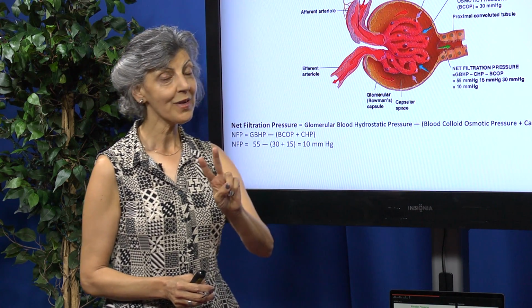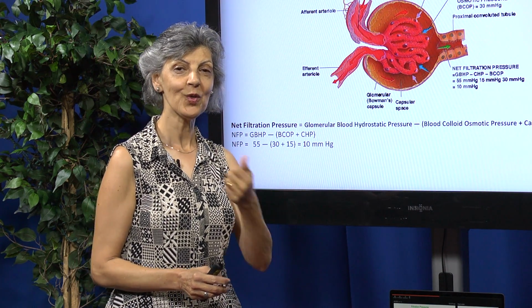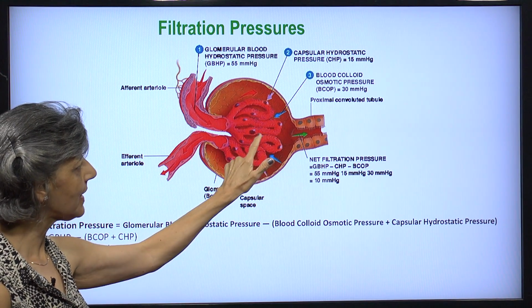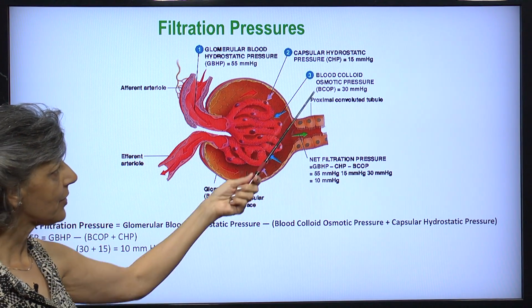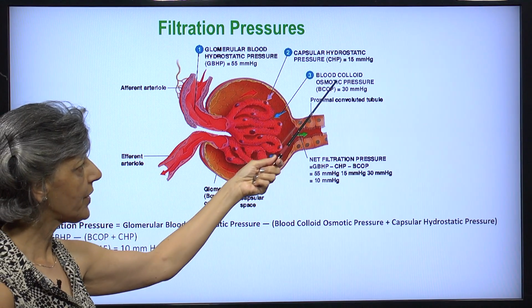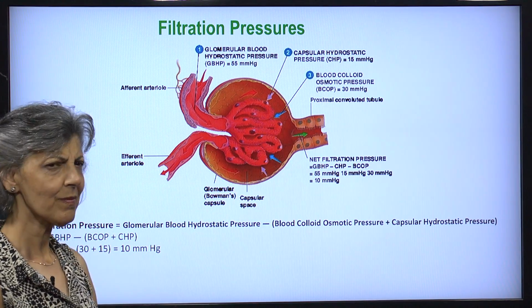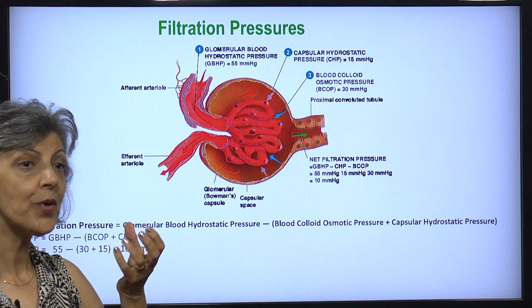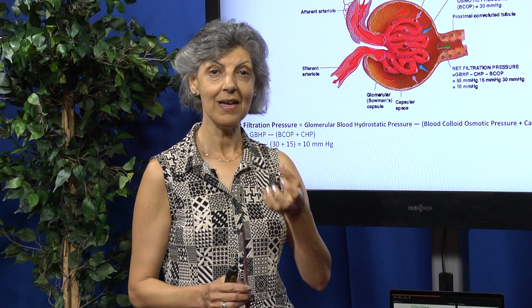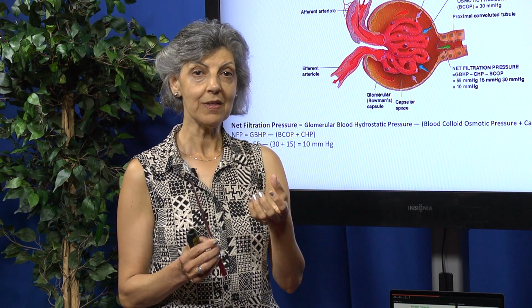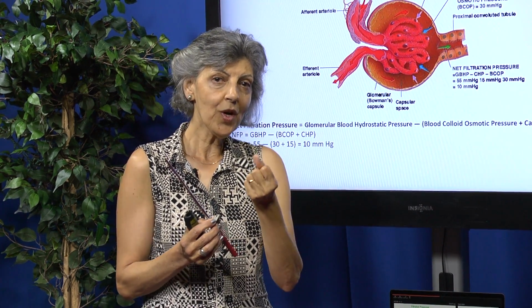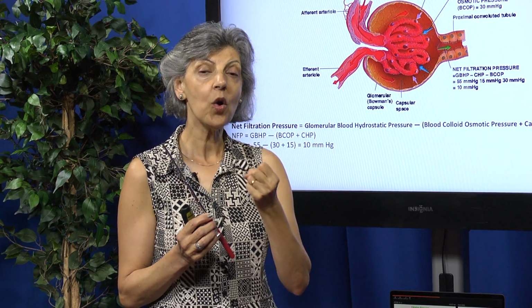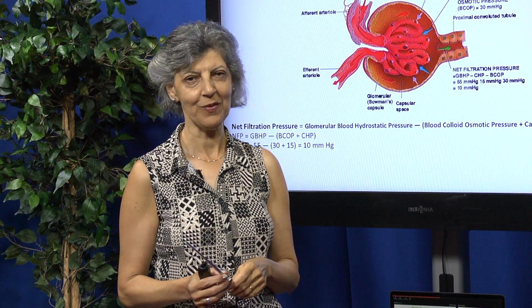The other two pressures oppose filtration. We're going to see where they are. We're going to look right here inside the capillaries. We have what is called the blood colloid osmotic pressure. Where does it come from? It is created by the proteins in the plasma. Those plasma proteins like to pull on the water and keep it in, so they are opposing filtration.